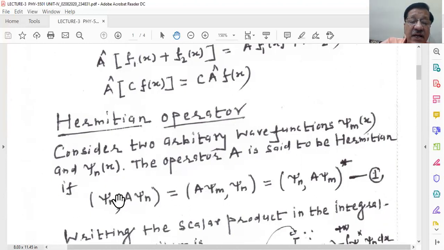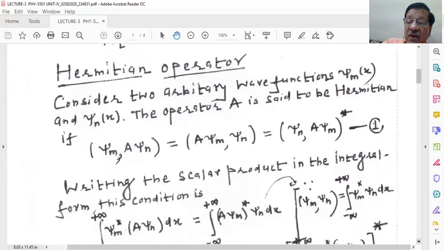Now you can write this bracket notation in the integral form, because I have already explained that the scalar product of two wave functions, let us say psi m and psi n, can be defined as the integration from minus infinity to plus infinity of psi m star psi n dx.